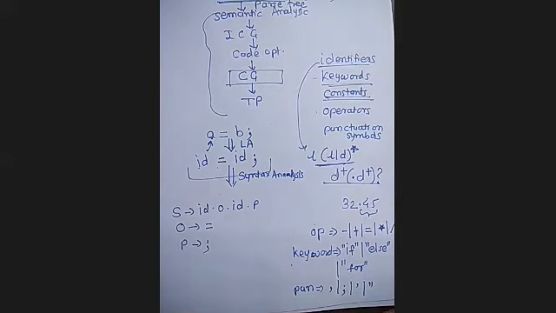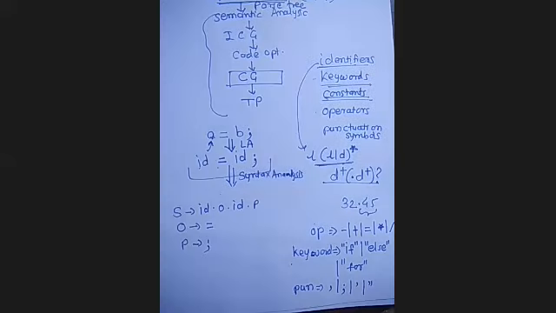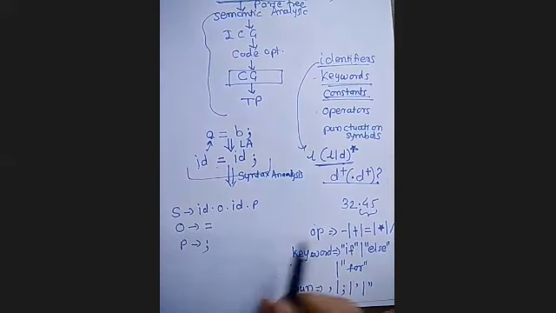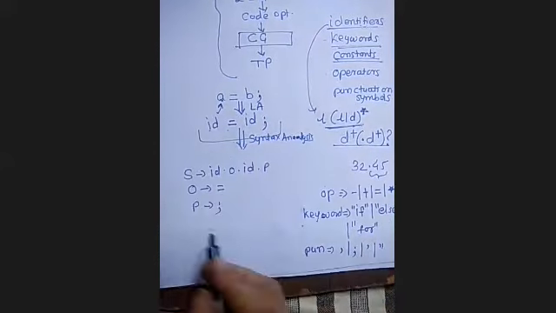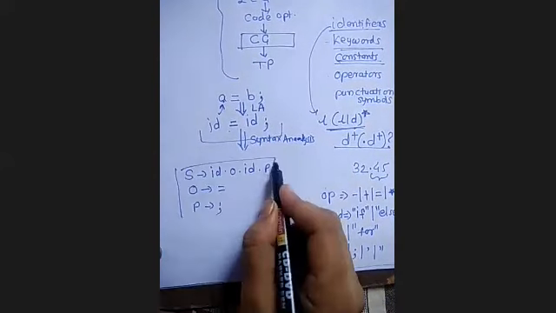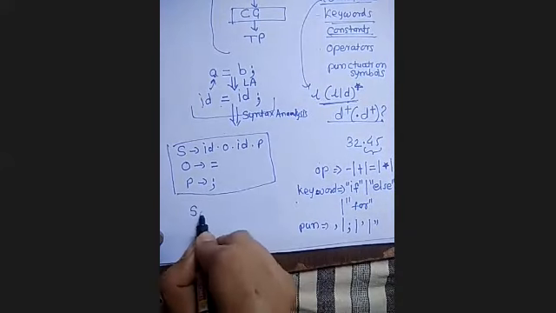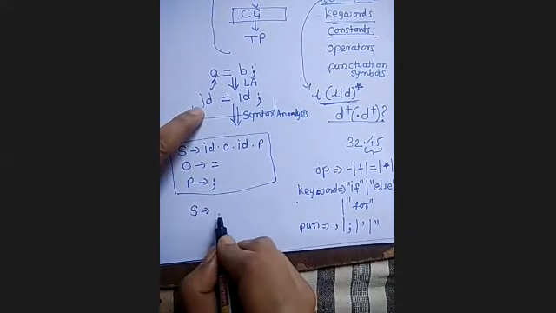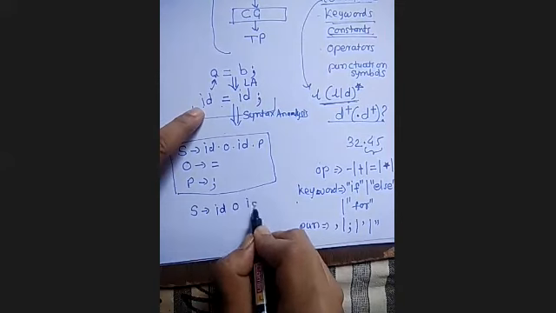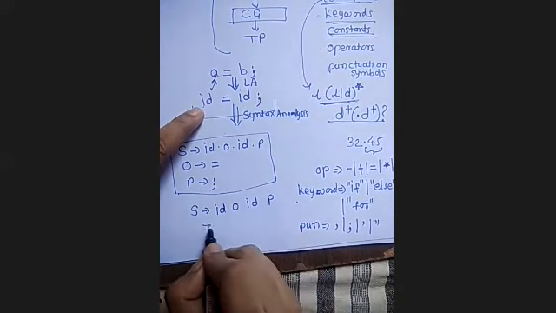Is the question clear? Can you derive ID equal to ID semicolon using this grammar? Yes or no? You can derive it like this: start with the start symbol. ID is there, we'll start with this ID, as a leftmost derivation. ID is matching as it is.